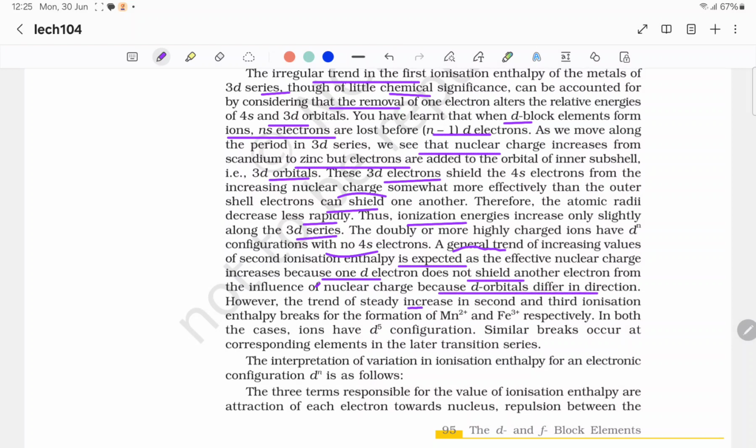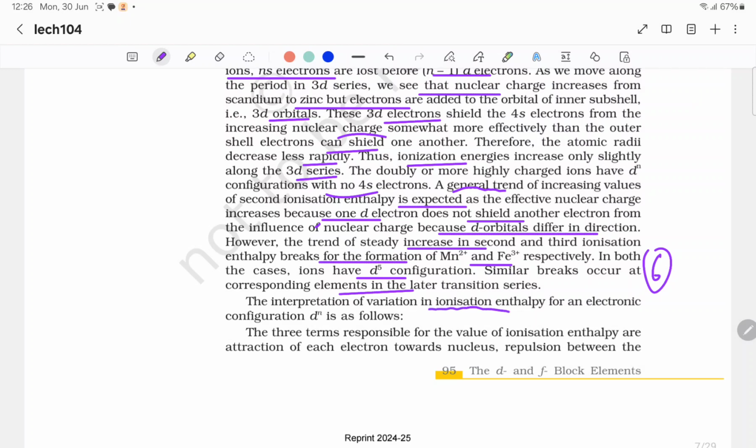However, the trend of steady increase in second and third ionization enthalpy breaks for the formation of Mn2+ and Fe3+ respectively. In both cases, ions have d5 configuration. Similar break occurs at corresponding elements in the later transition series.